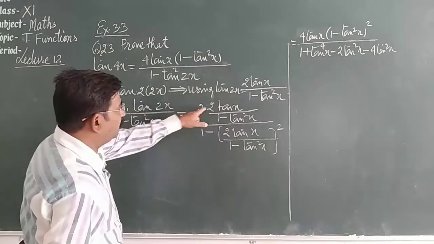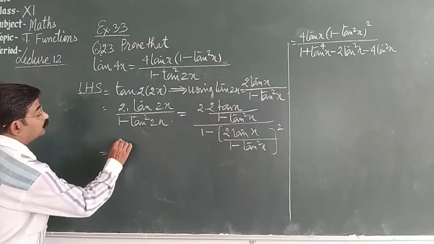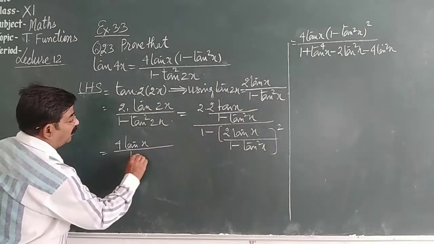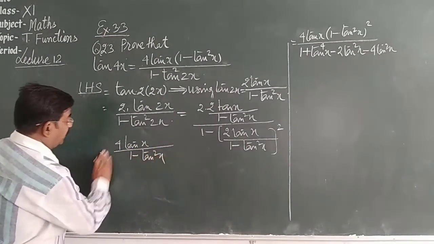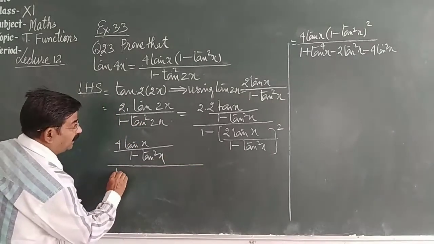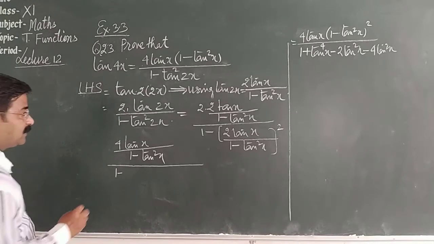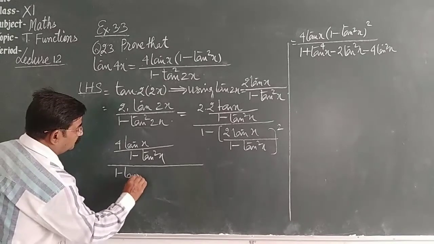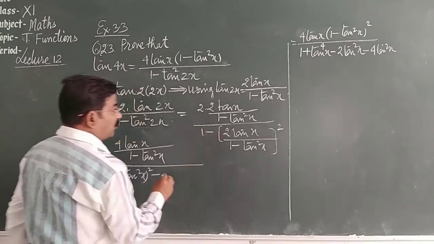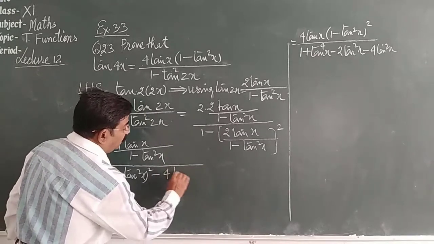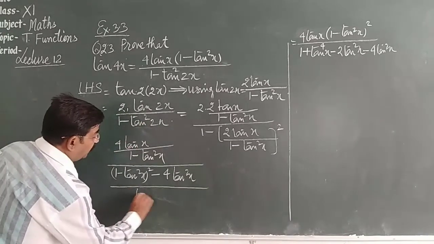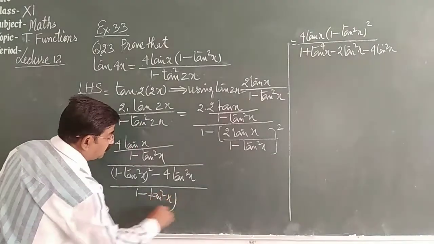Now this one we have 4 tan x upon 1 minus tan square x, whole upon. Here the LCM 1 minus tan square x whole square, minus it is 4 tan square x upon 1 minus tan square x whole square.